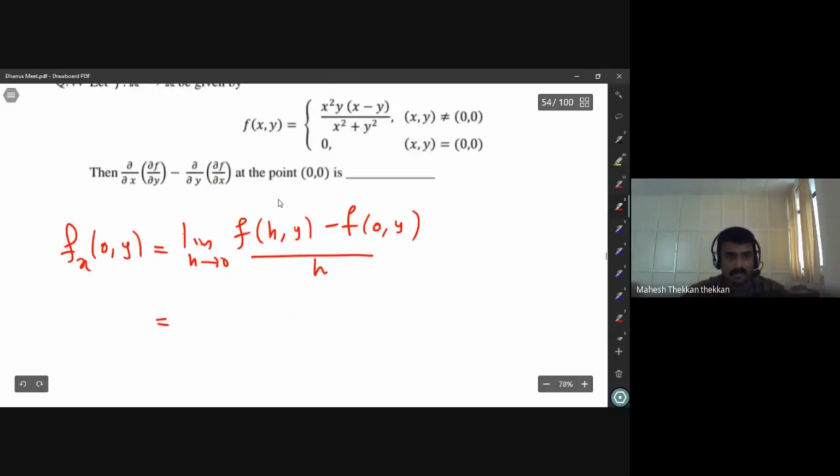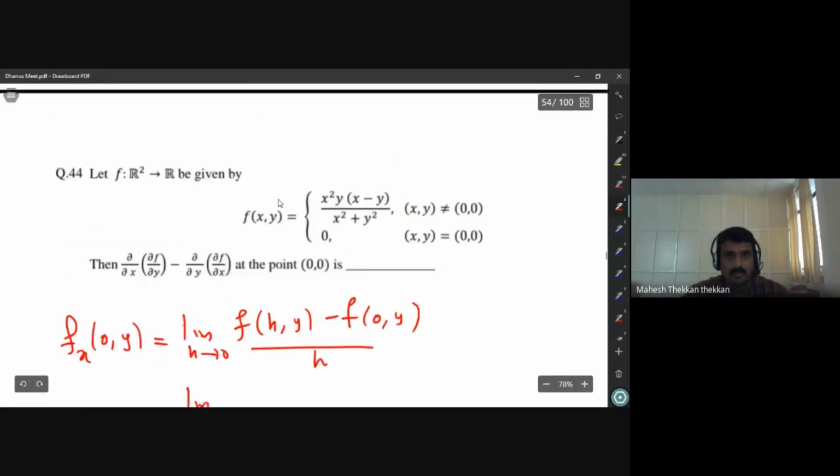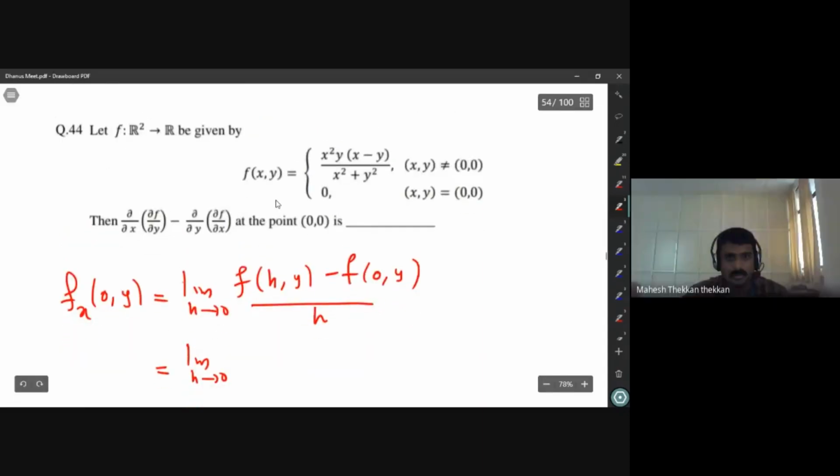This will be the limit as h tends to 0 of [h squared y times (h minus y) divided by (h squared plus y squared)] whole divided by h. So that h I will multiply here.